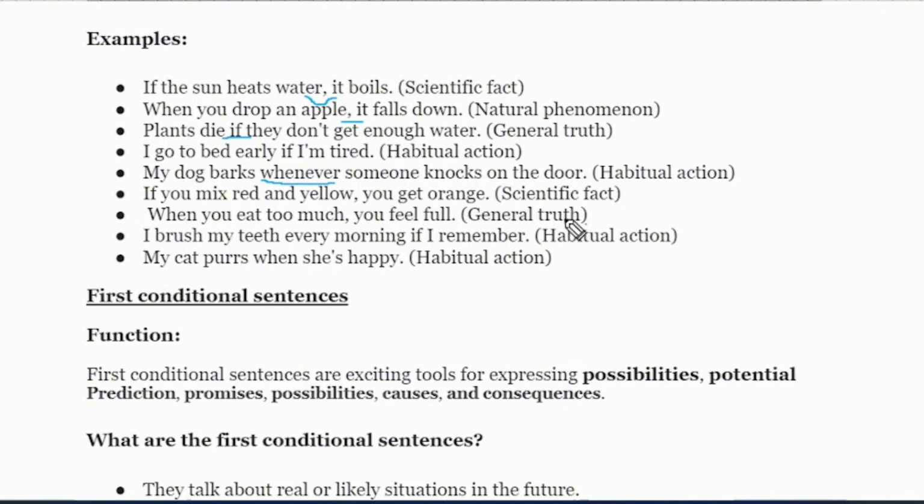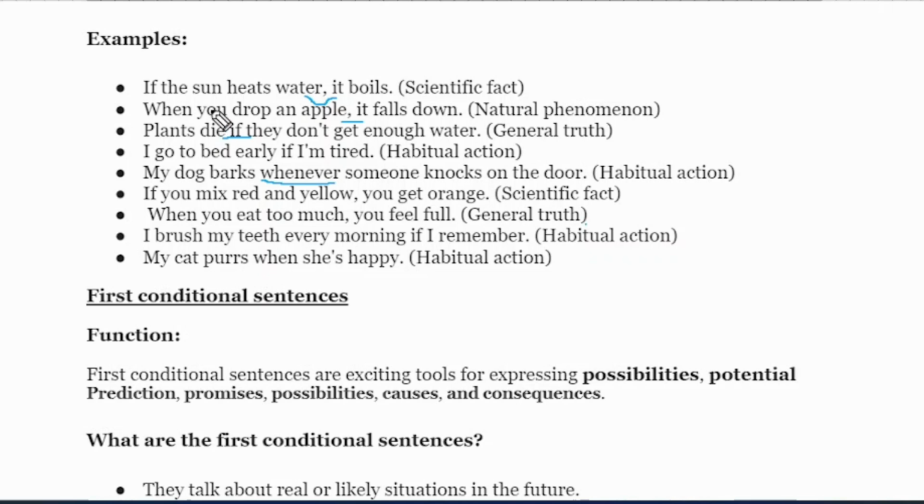That is a scientific fact. When you eat too much, you feel full. That is a general truth. I brush my teeth every morning if I remember. That is a habitual action. My cat purrs when she is happy.